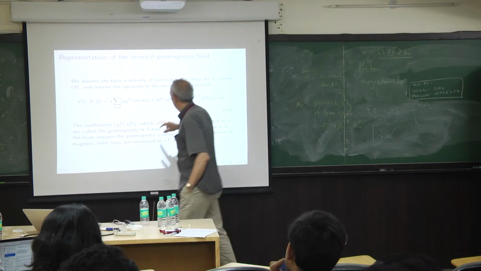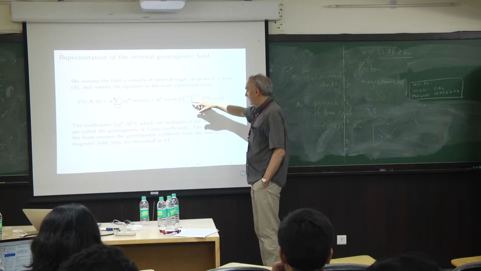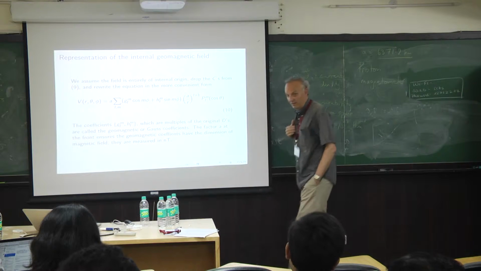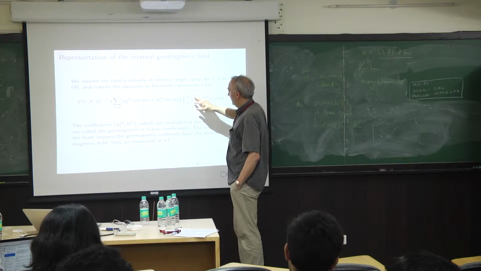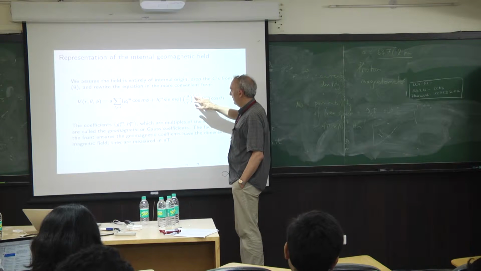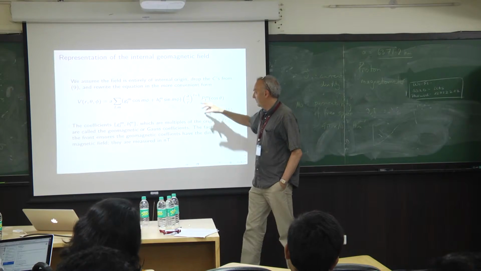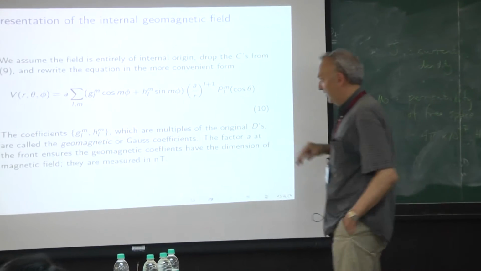So if we now put the radius r to be something less than the radius of the Earth's surface, then this number here obviously becomes larger than 1, and it is raised to a power of L plus 1. So that then becomes a factor which multiplies these Gauss coefficients and the spherical harmonics.